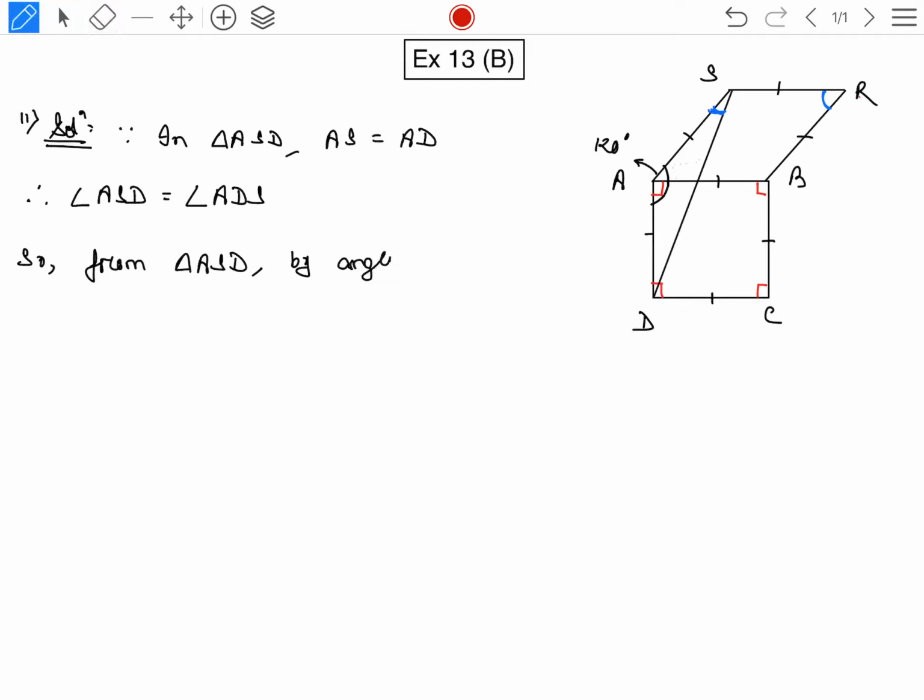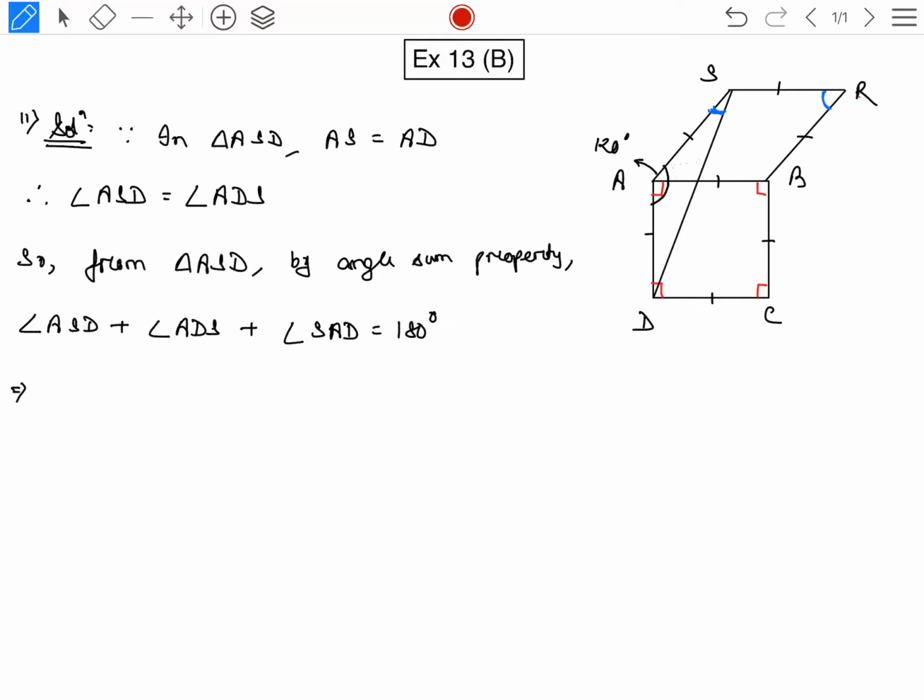By angle sum property, what can you say? Angle ASD plus angle ADS plus angle SAD equals 180 degree.